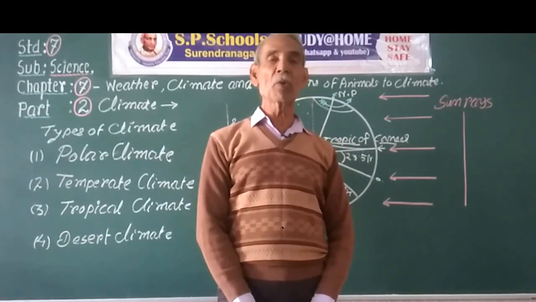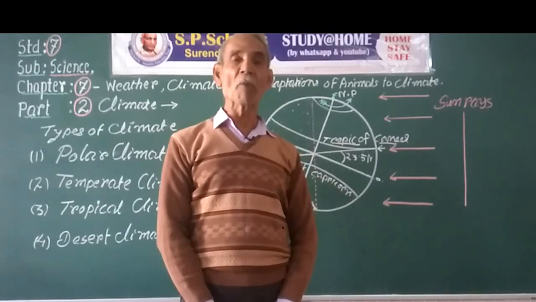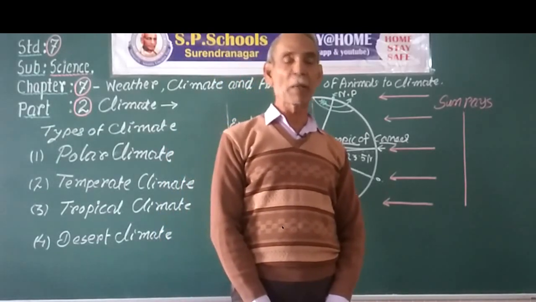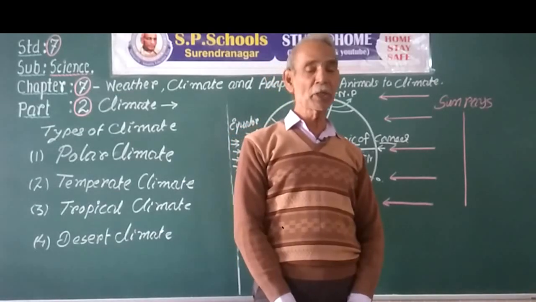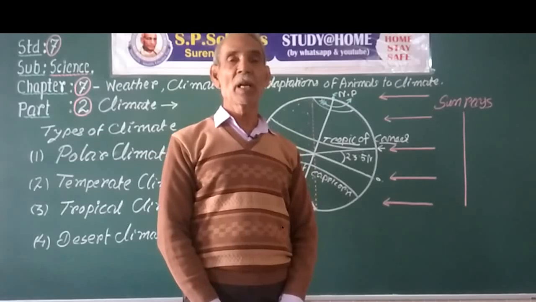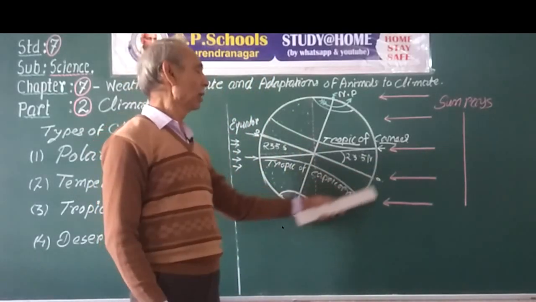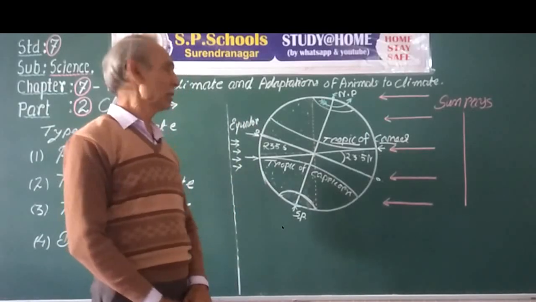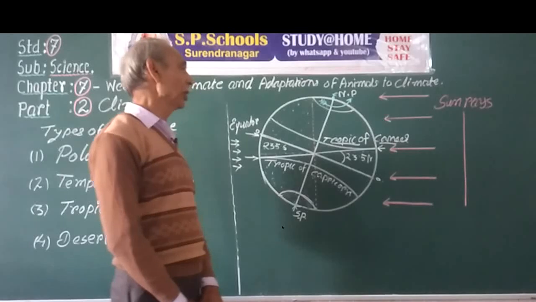The temperature remains generally high, and doesn't go below 0 degrees centigrade like the poles. So hot temperature is observed in the tropical region.